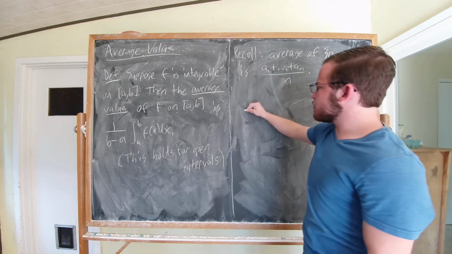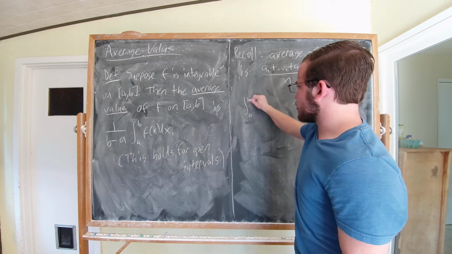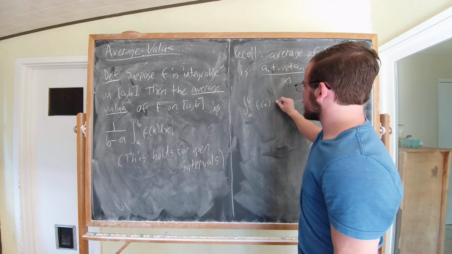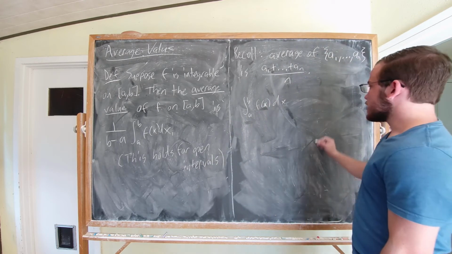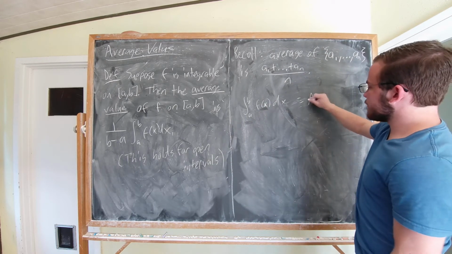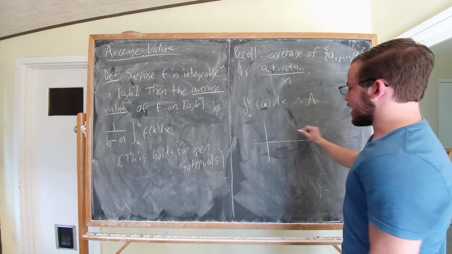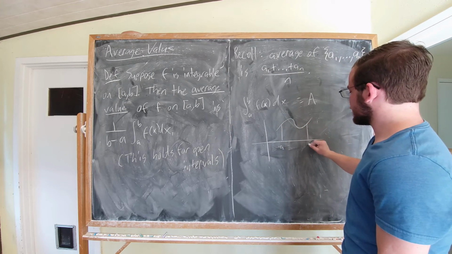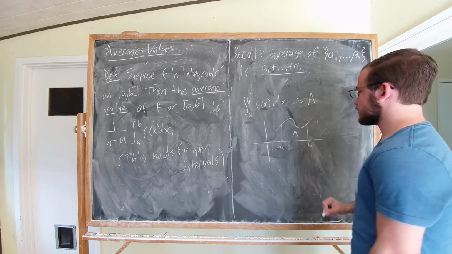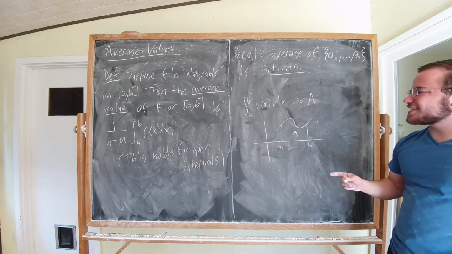Well, you can think of the integral from a to b of a non-negative function. This will hold true for any function, but you can think of it as this area, right? So what is that area really?